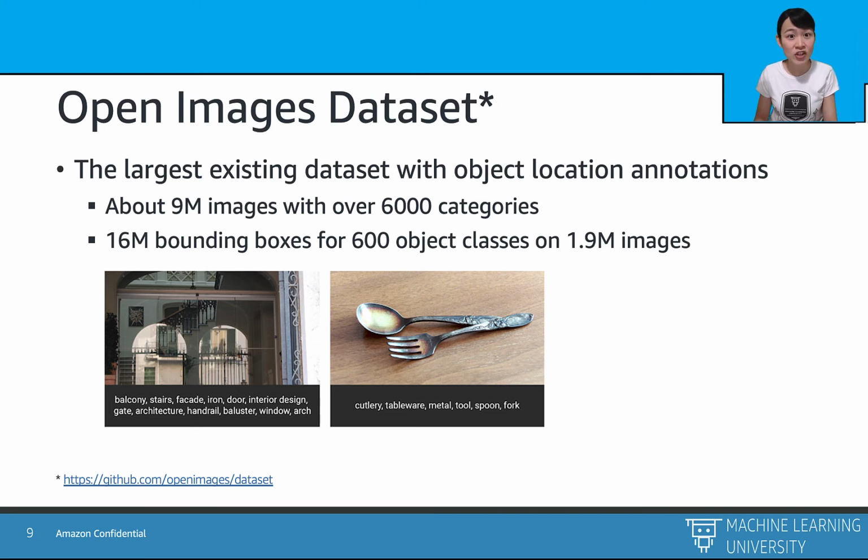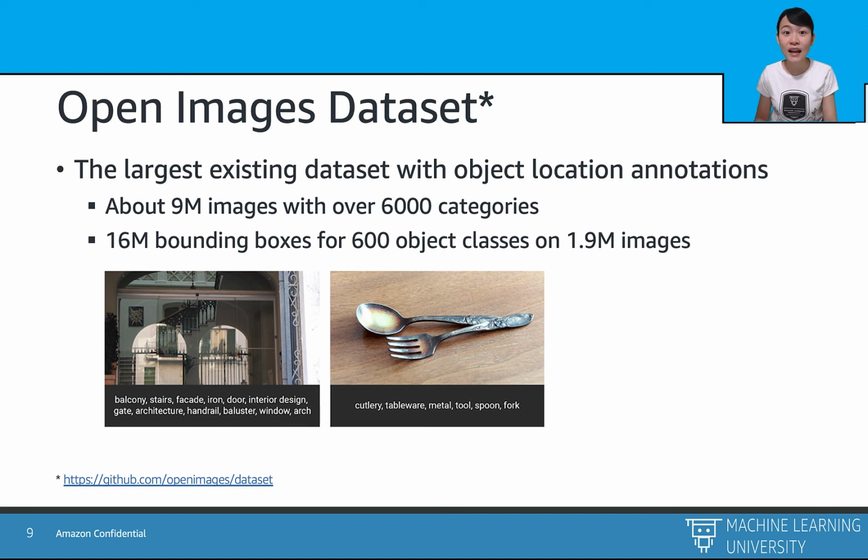Besides classification, there are also some widely established datasets for object detection. For example, the Open Images dataset is the largest existing dataset with object location annotations. It contains 9 million images for 6,000 categories.